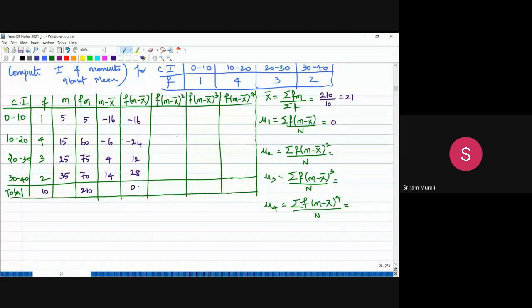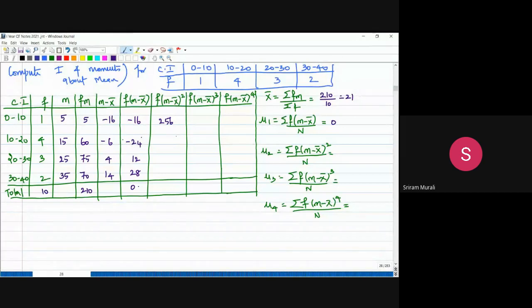So this is equal to 256, because 16 square into 1.